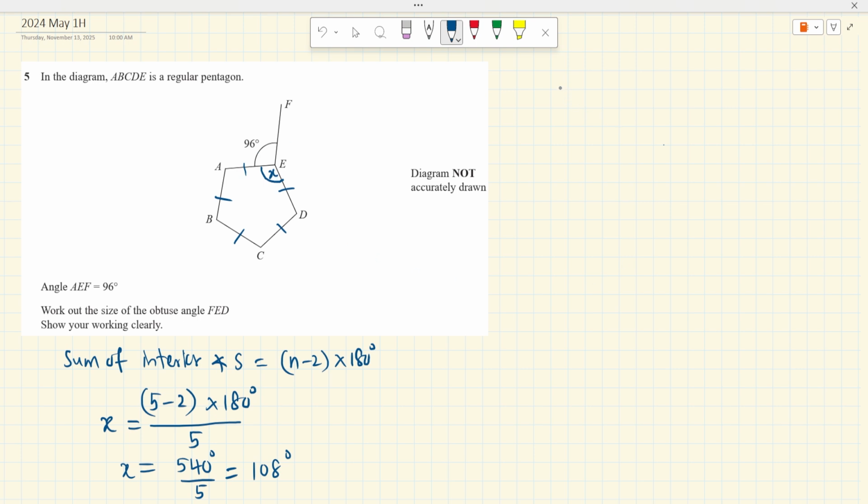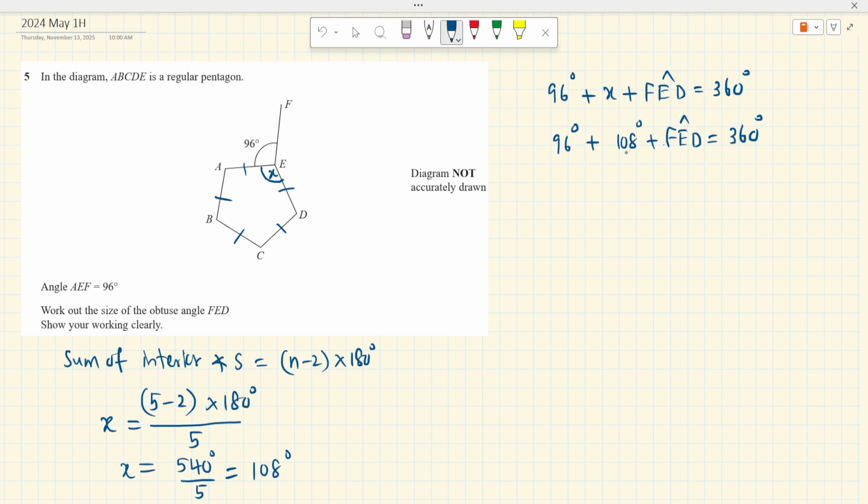So we can write 96 plus x plus FED equals 360. 96 plus x, that is 108, plus FED equals 360.